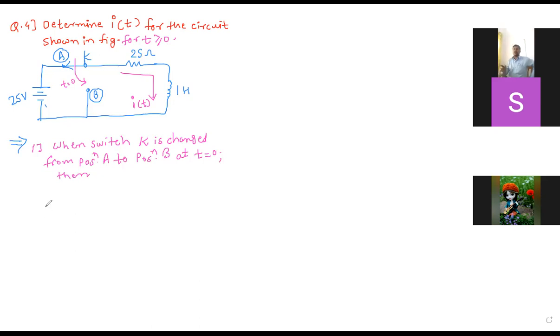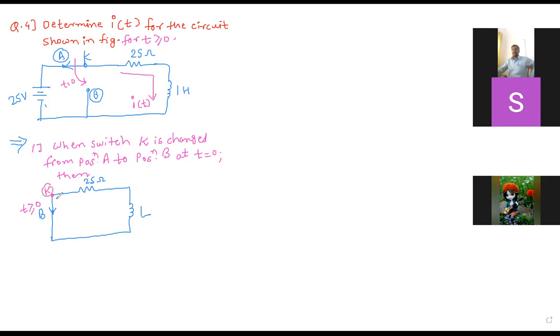So the new position of the switch is B. This is 25 ohm and inductor L. This is when time t is greater than or equal to 0.